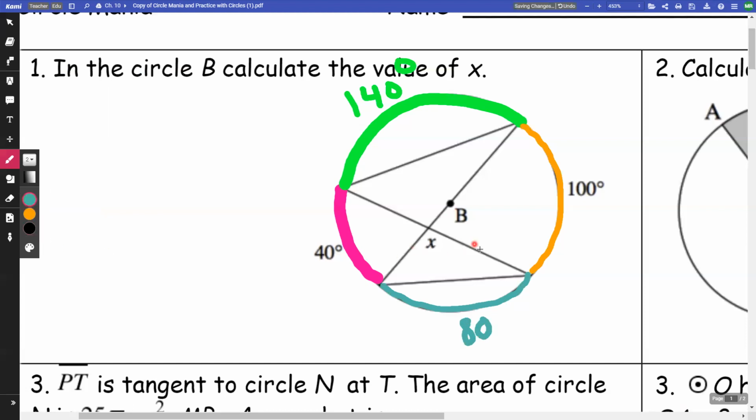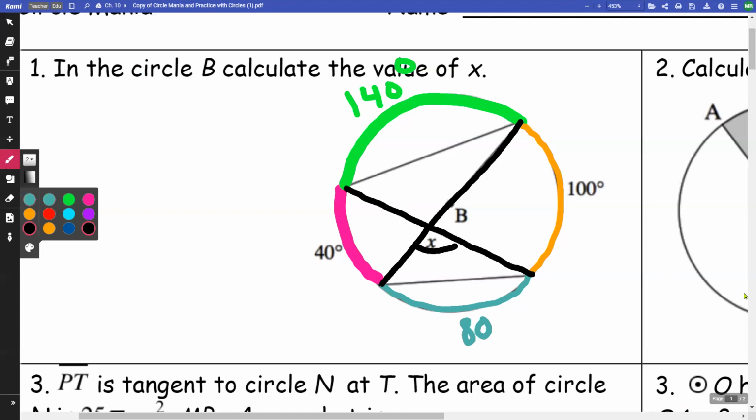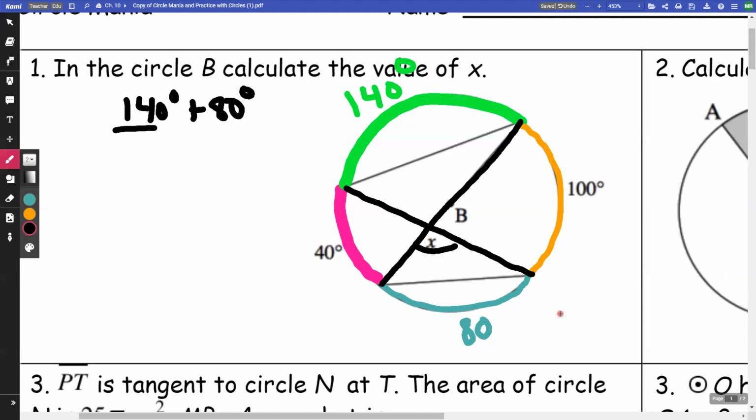Now, the angle we're looking for is not an inscribed angle and it's not a central angle, but this angle here can be found if we think about this chord and this chord, and we take the 140 degrees and add it with the 80 degrees, which are the two arc measures that it forms, and divide by 2.